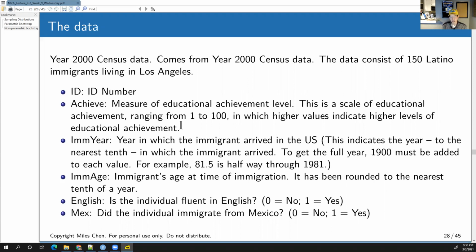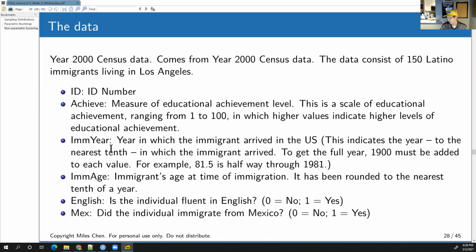If you graduate college, it's like 16 years of formal schooling. And if you graduate some other thing, you get some other number here. But I don't know what 1 through 100 means. It's not going to be years of schooling because nobody has 100 years of formal education here. So I don't know. We're just going to have to go off of the numbers that they've provided.